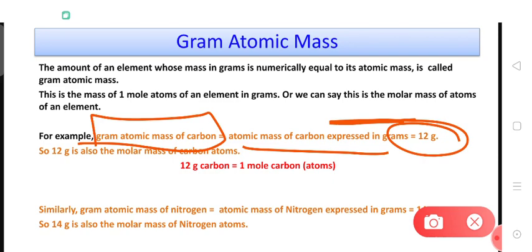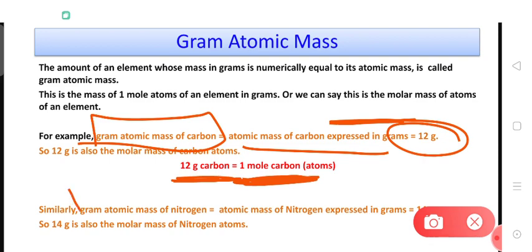Now you know that 12 gram is actually the molar mass of carbon, right? And this is actually 1 mole of carbon. So gram atomic mass is that amount of a substance which is equal to 1 mole of that particular element.